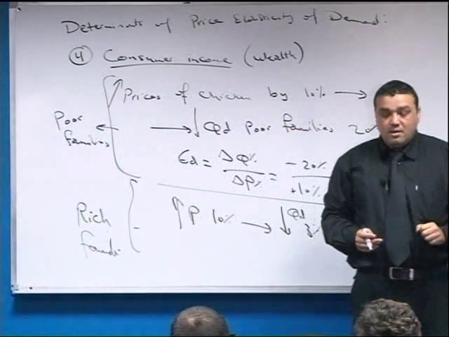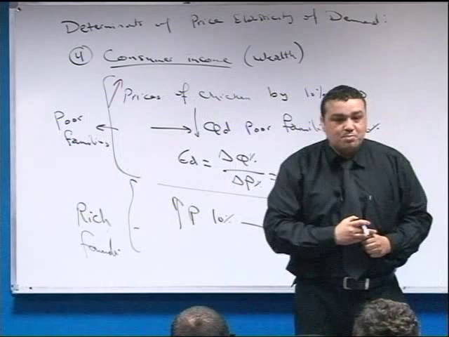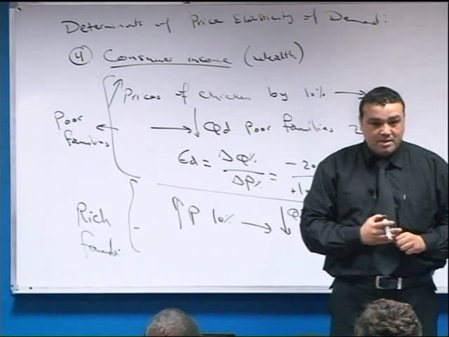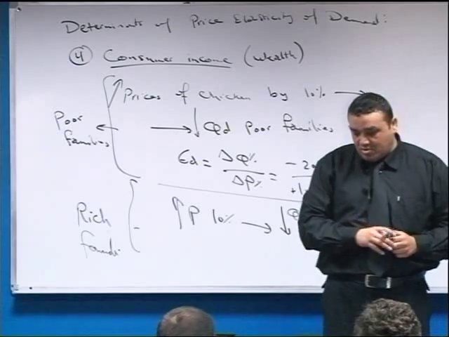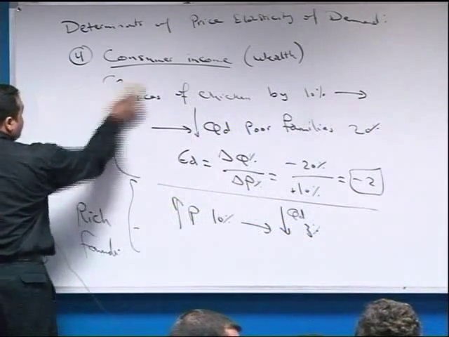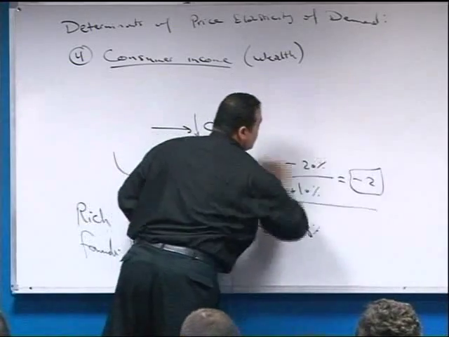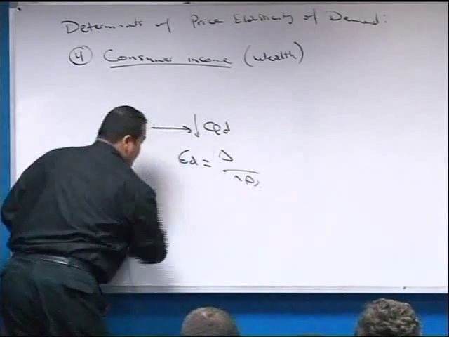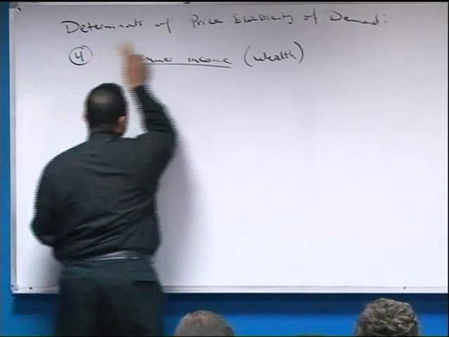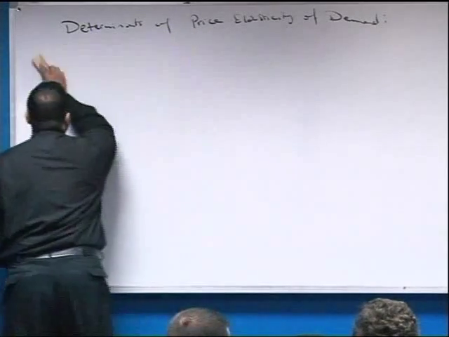Right? Okay, what about the last determinant of the price elasticity of demand? Yes, thank you. The time. Number 5 is the time.